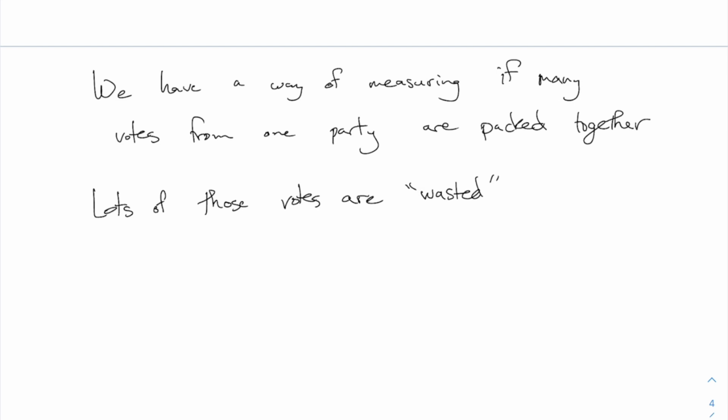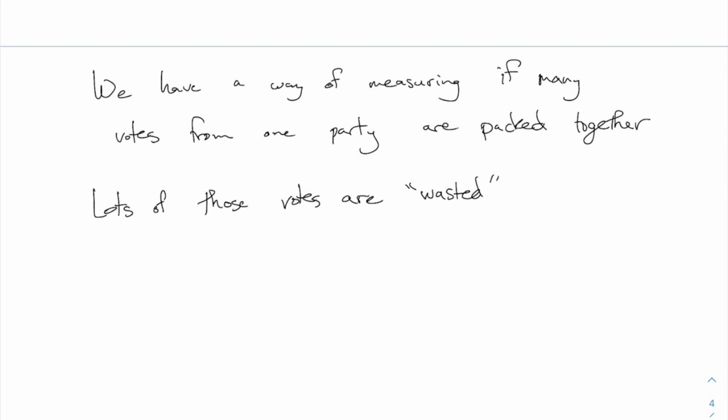Whereas if I'm in a district which is already 90% Democratic and I'm voting for a Democrat, then my vote is more or less irrelevant, right? My vote is essentially wasted in that situation. So voters inside of packed together districts are wasting votes because those votes don't matter as much as they would have if those same people were in other districts. All right.